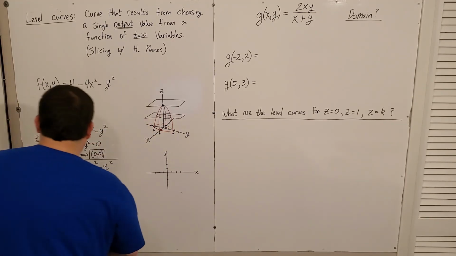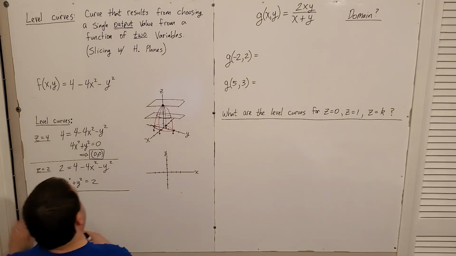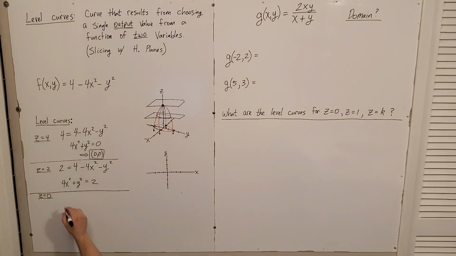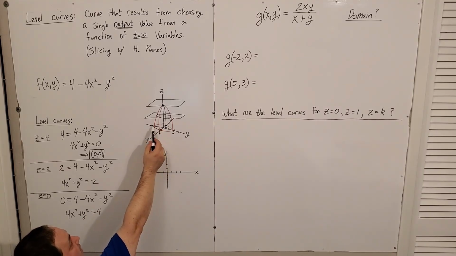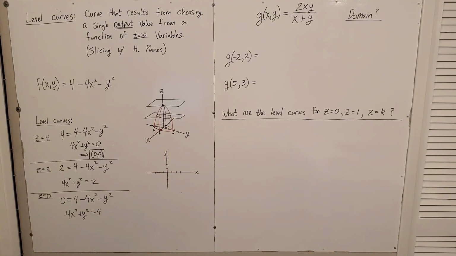And sure enough, if I put z equals 0 into the function, I have 0 equals 4 minus 4x squared minus y squared, which is 4x squared plus y squared equals 4. Again, an ellipse. And then you could have the x being 1 and the y being 2, squared. And that's why you have the 1 and the 2 the way that's drawn.